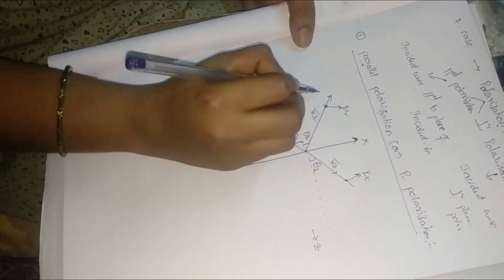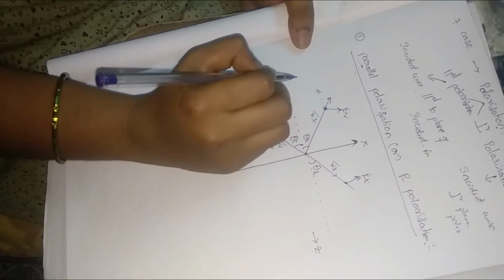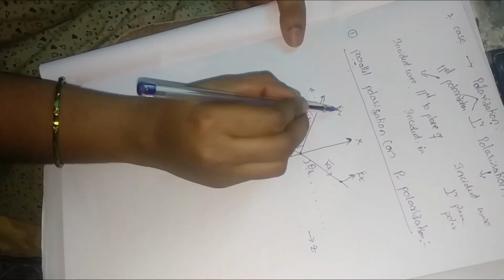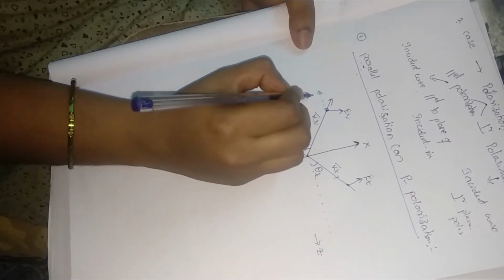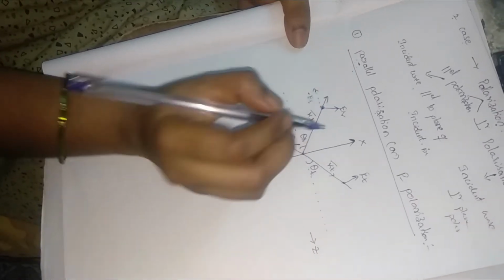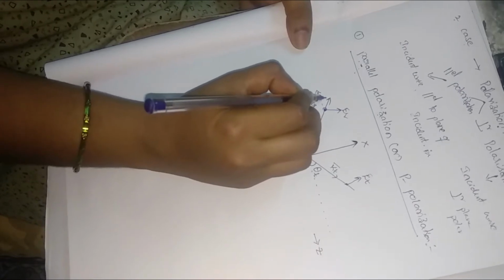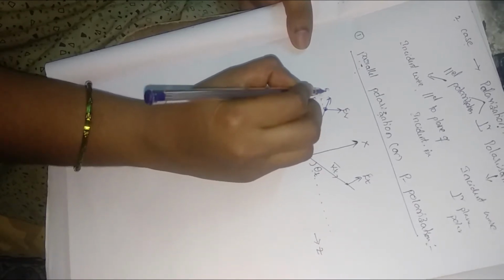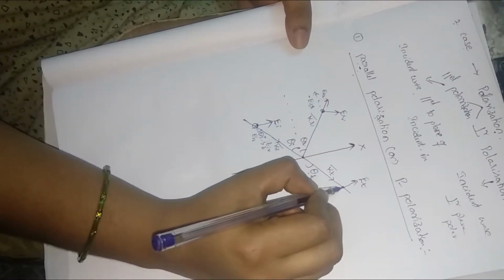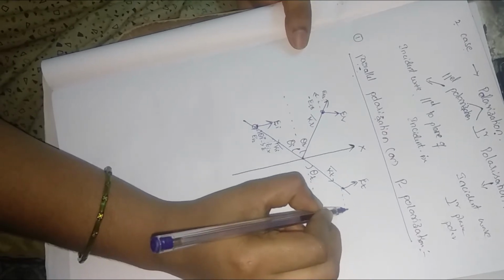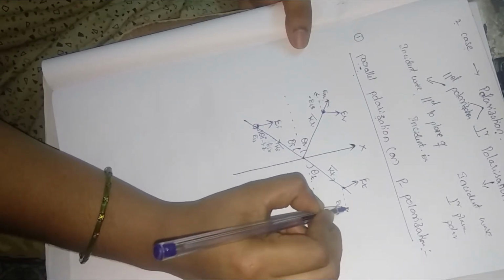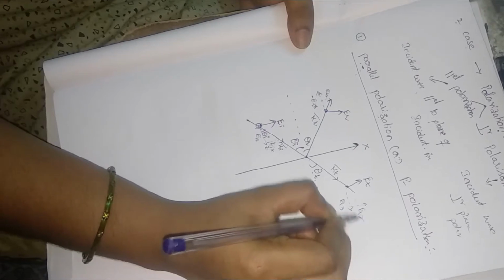Similarly, the reflected wave also has its electric field along negative Z axis. That's why it is minus Erz, and some component along X axis, that is Erx. Similarly, Etz, Etx.